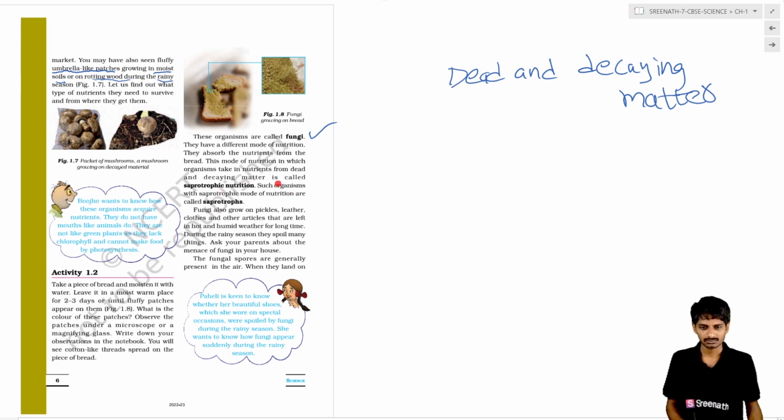Okay, now this mode of nutrition in which organisms take in nutrients from dead and decaying matter is called saprotrophic nutrition. What is meant by saprotrophic nutrition? It means the organisms or plants which depend on dead and decaying matter to get nutrients. These organisms are called saprotrophs.